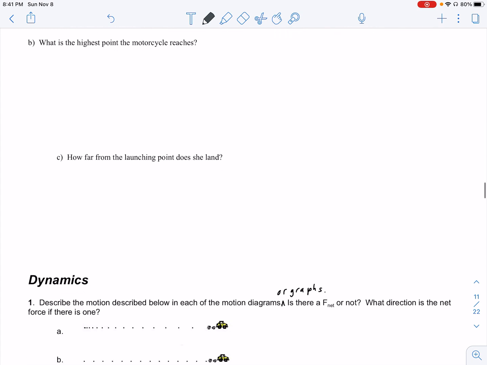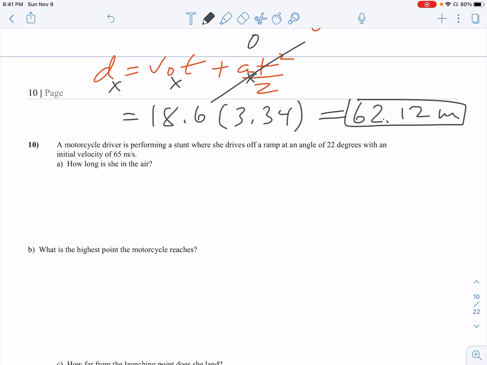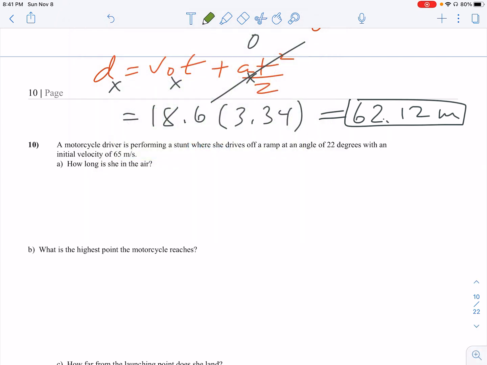Okay, so I'm doing some more, I guess. One more for practice. Okay, so let's see here. So she's going 65 meters per second.